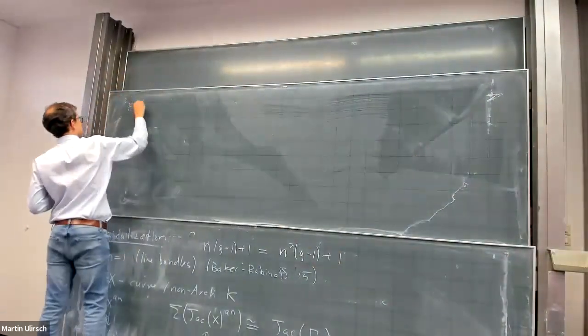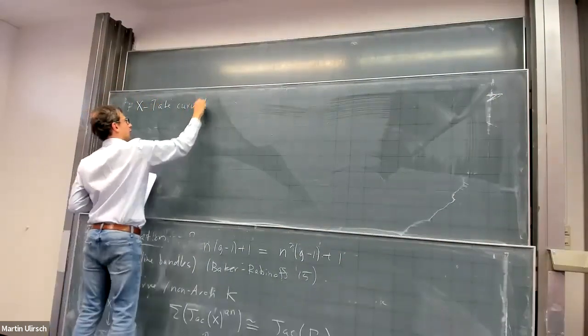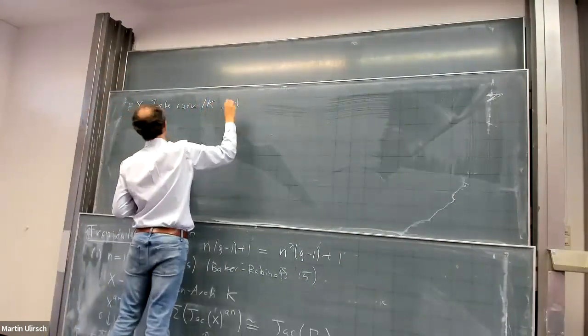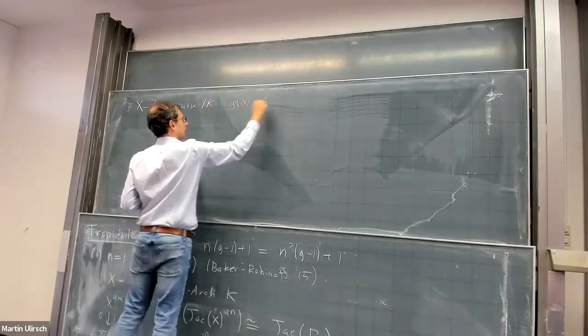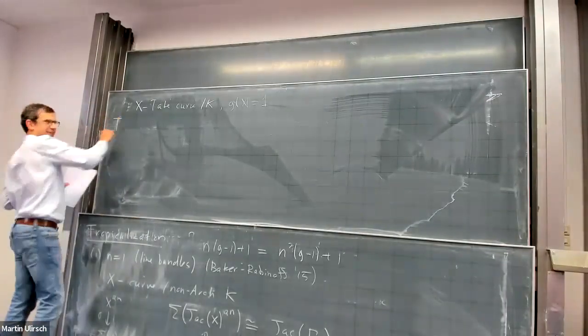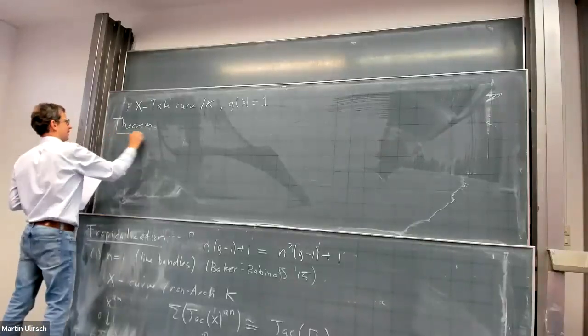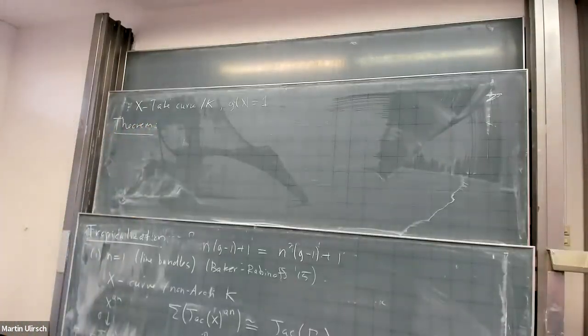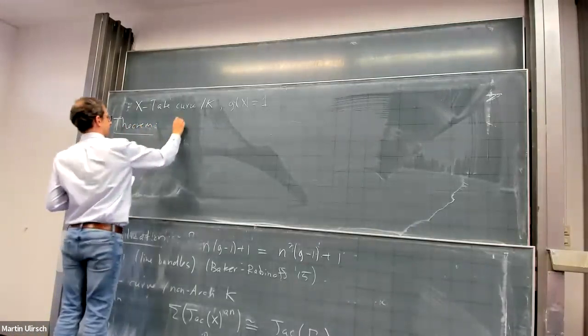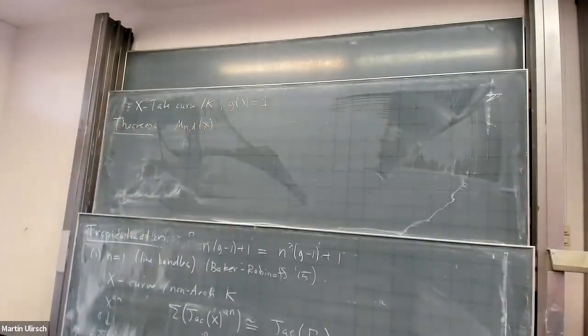So now X is a Tate curve over K, so its genus is 1 and it has semi-stable reduction. And then we proved, and when I say we, I mean Andreas and Martin proved the theorem that if you look at M_{n,d} of X, so these are semi-stable vector bundles of rank n and degree d.